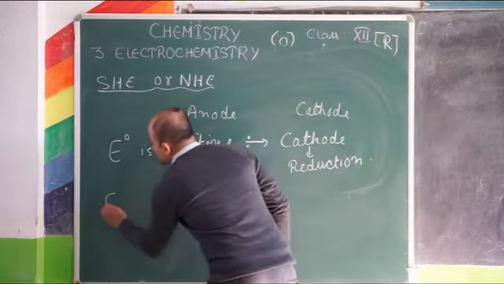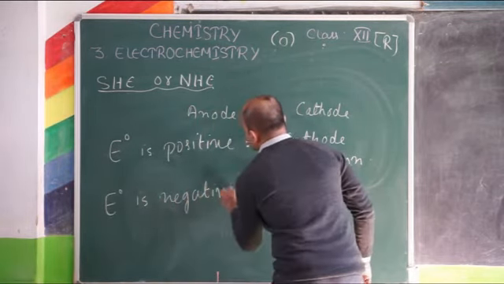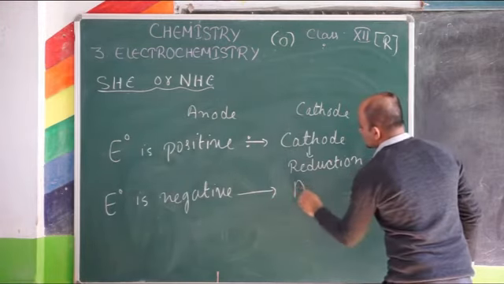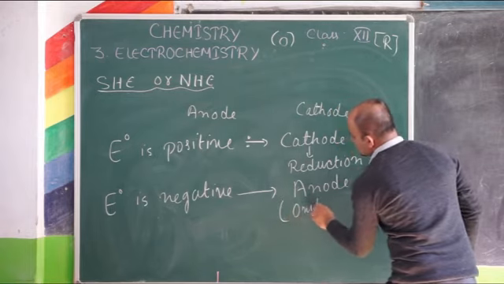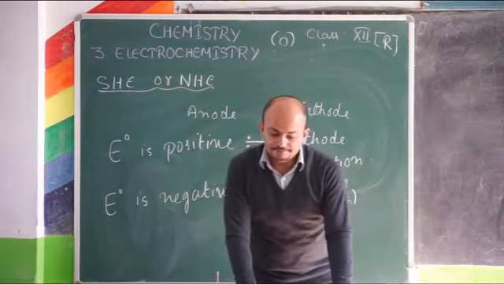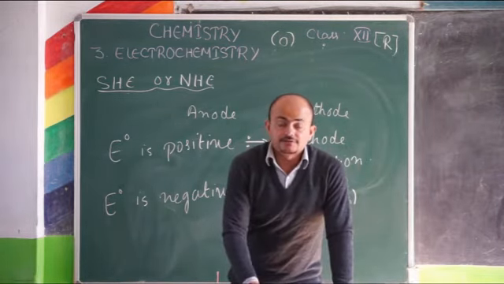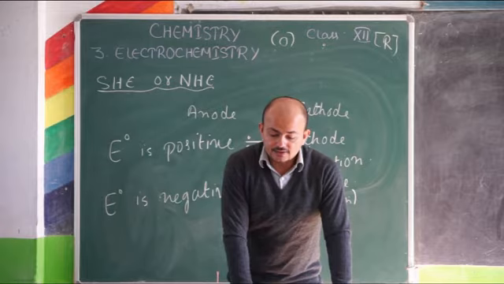And if E naught is negative, then this will act as anode, and in the anode, oxidation takes place. Okay, let me read it out from the book. If E0 for an electrode is positive, it means that the electrode under standard condition is more positive than SHE, so that reduction occurs at this electrode, the cathode, and oxidation occurs at SHE, the anode.